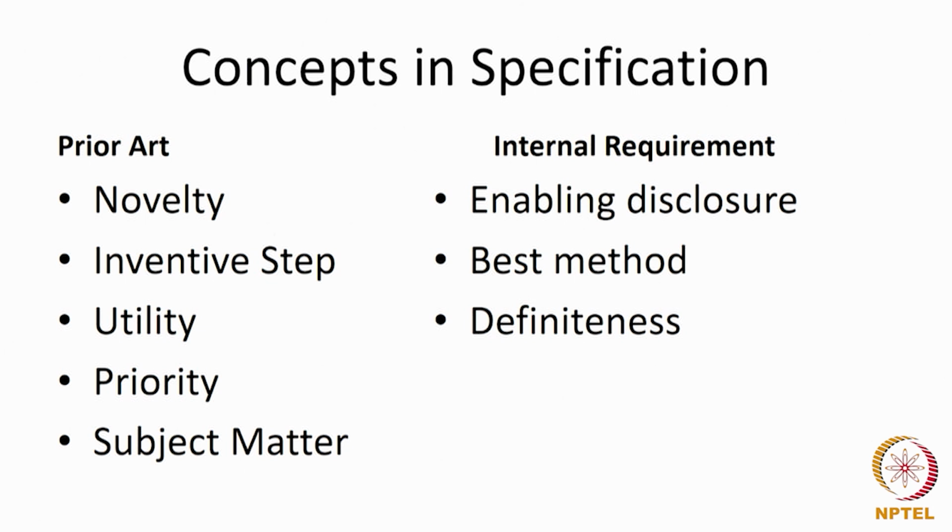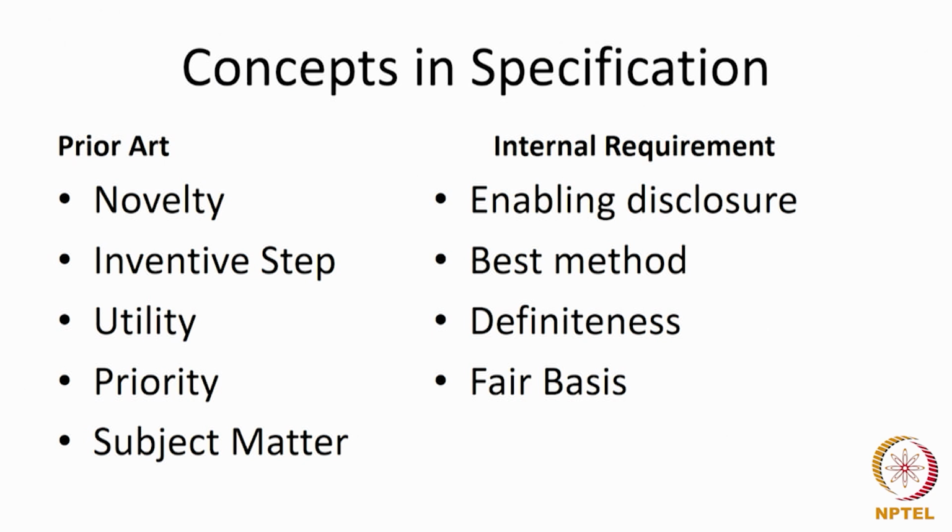That's an internal requirement. Fair basis. Again, it's a requirement under section 10. The claims have to be fairly based on the matter disclosed. Now we had seen earlier that the patent specification broadly has two parts, the descriptive part and the claims. So whatever is claimed in the claims part should be based on something that is disclosed in the specification.